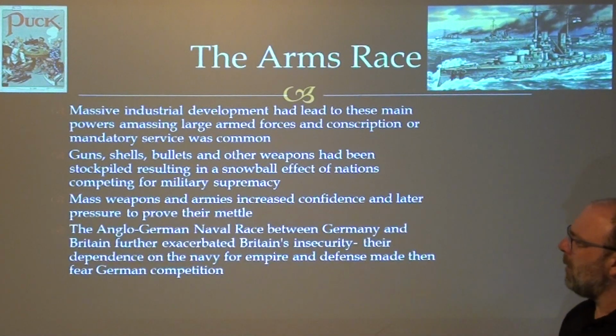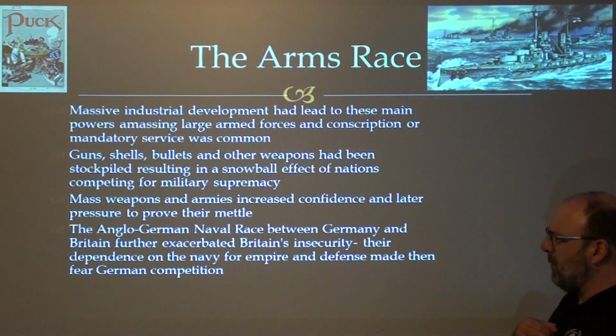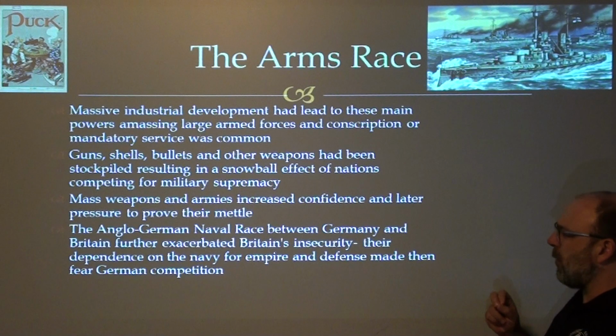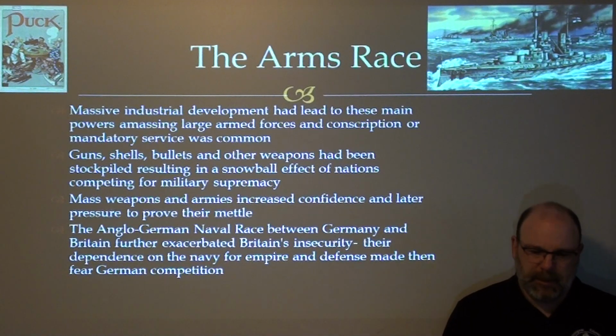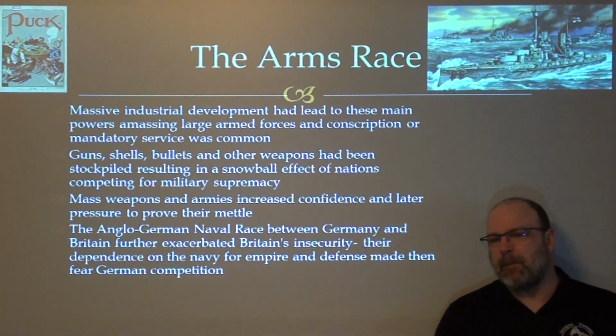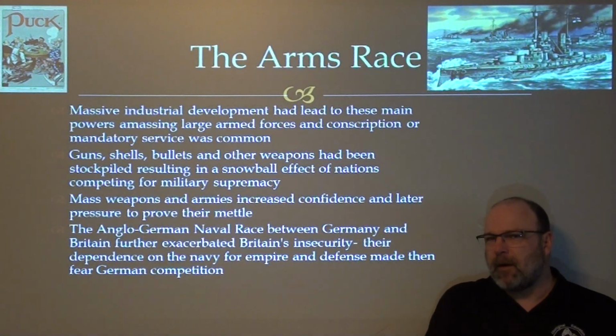So, the Anglo-German naval race between Germany and Britain further exacerbated Britain's insecurity. Their dependence on the Navy for empire and defense made them fear German competition. This was one of the great mistakes, I think, of Imperial Germany; they should have laid off on this.